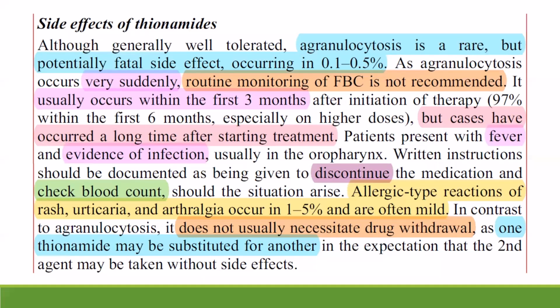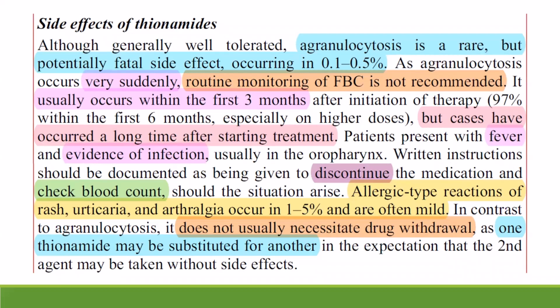So routine monitoring of CBC is not recommended. Once the patient presents with fever, sore throat, or you suspect a case of agranulocytosis, you should stop the antithyroid drug and do a leukocyte count, differential leukocyte count.